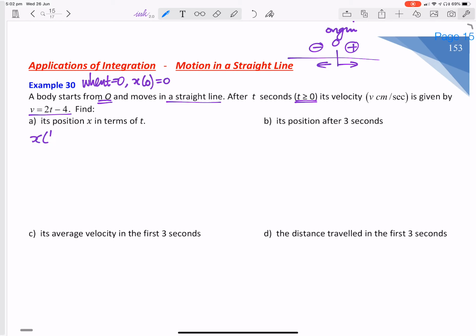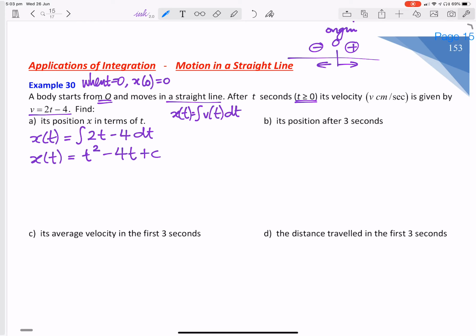So we know x of t is our integral of 2t minus 4 dt, because x of t is my integral of velocity. So in this case, x of t is equal to t squared, when I integrate 2t, I get t squared, minus 4t plus c.